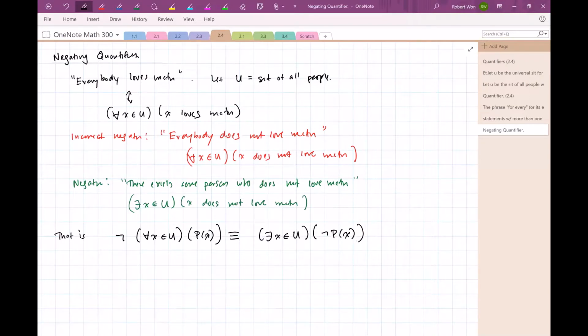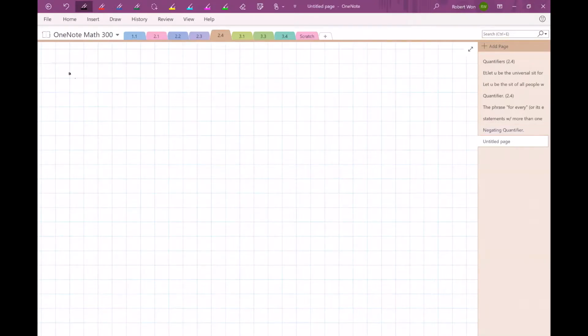Okay, also, we could talk about the statement, at least one person loves math. The statement is true because you love math. So in symbols, I could say there exists an x in U such that x loves math. How would you negate this? How can you negate at least one person loves math?